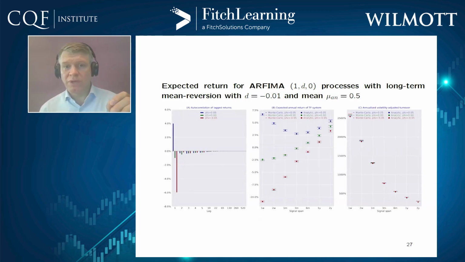So of course, take the last one, when markets are mean reverting in the short term and in the long term, but there is a positive drift. Of course, it can still make money following the trend, but our signal span must be long term.